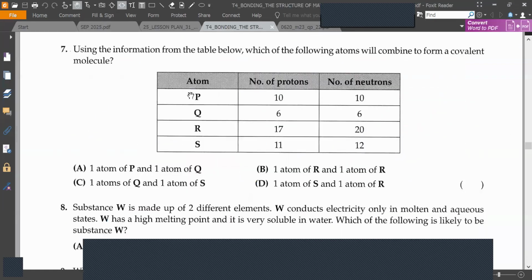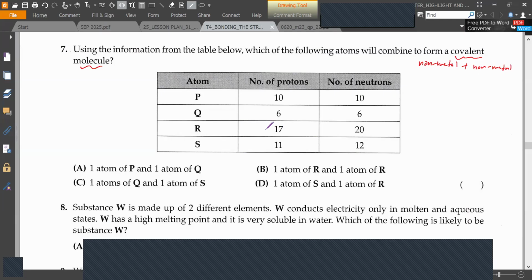Okay, let's take a look at question 7. Using the information from the table below, which of the following atoms will combine to form a covalent molecule? Covalent molecule means we want non-metal plus non-metal.